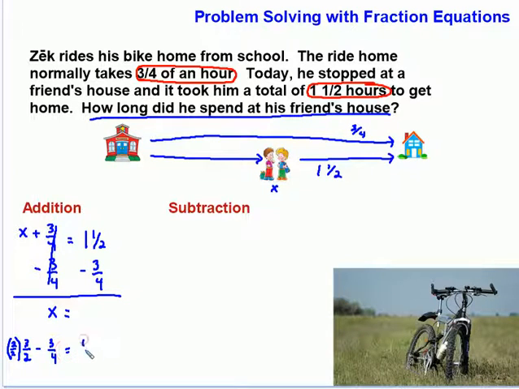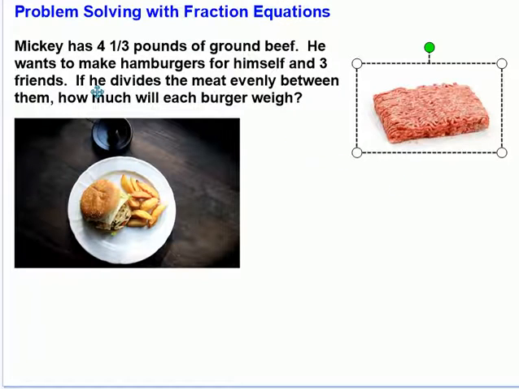That will give us 6/4 minus 3/4. We have our common denominator, which is 4, and we simply subtract across the top. 6 minus 3 is 3. So the amount of time that he spent at his friend's house was 3/4 of an hour. If we add 3/4 of an hour here, we get 1½.